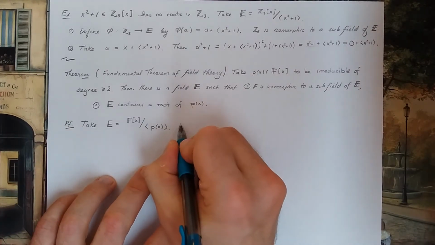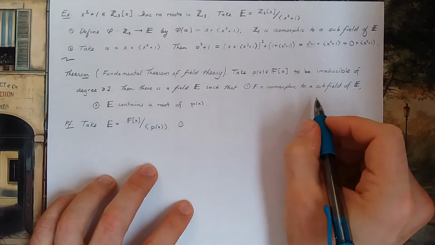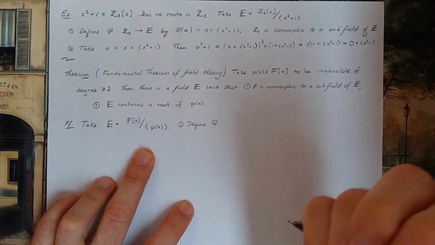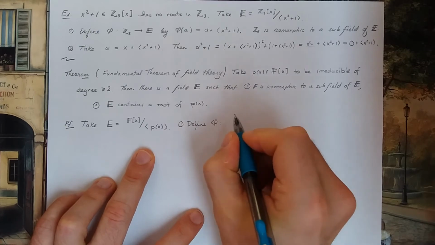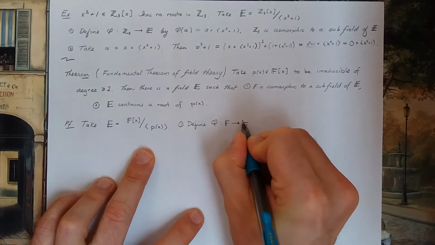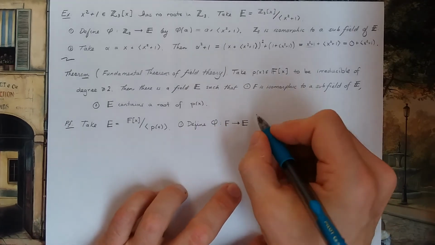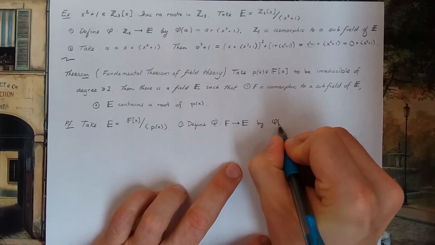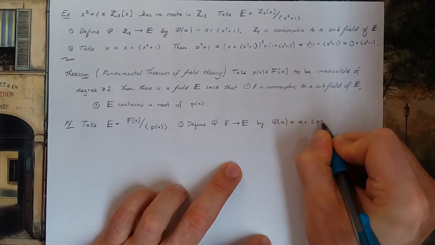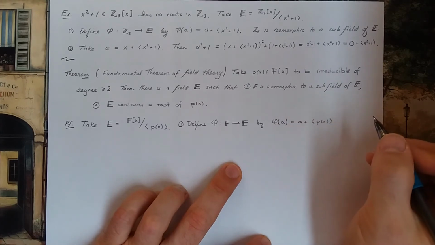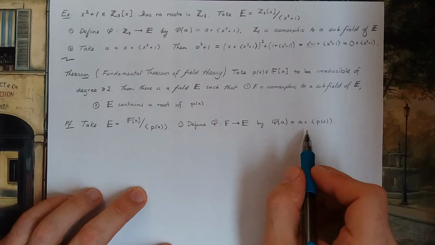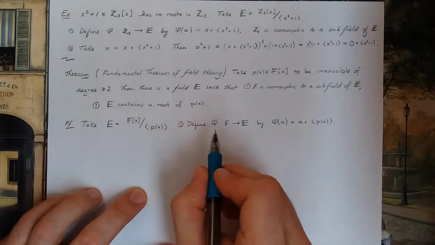So then, property 1: define a ring homomorphism phi that sends your field to this larger field E by sending an element A in your field to A mod this ideal generated by the irreducible polynomial P. Now I claim that this is a one-to-one ring homomorphism.